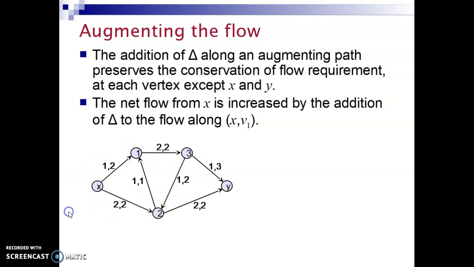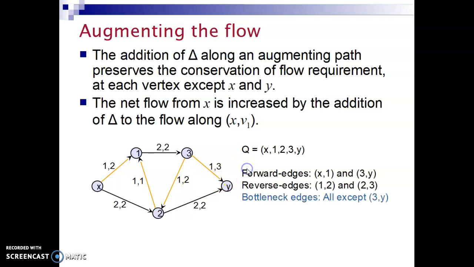If we continue on this example, remember that this was our augmenting path. The delta value was equal to 1. Now the bottleneck edges are all these three edges here except 3 to y. Delta is equal to 1. Now how do we augment the flow in general?